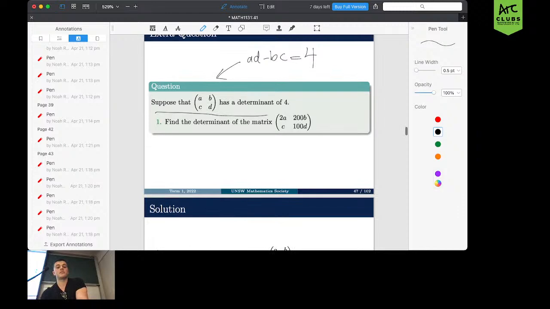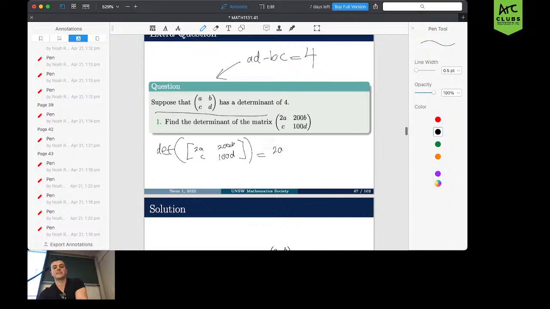Very much the same. So determinant of this new matrix, which we'll call 2A, 200B, C, 100D, that's just going to be AD, so 2A, right?